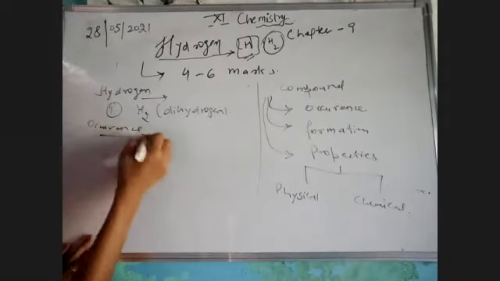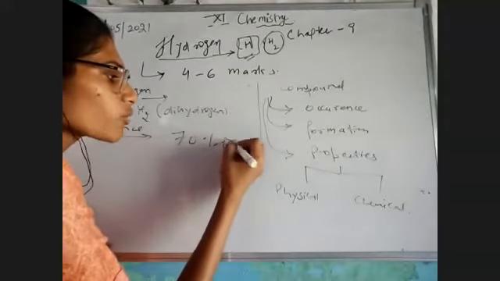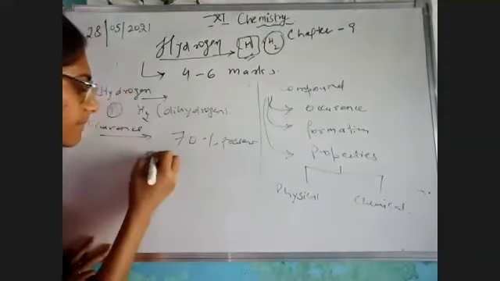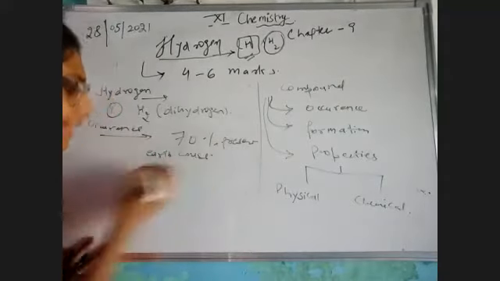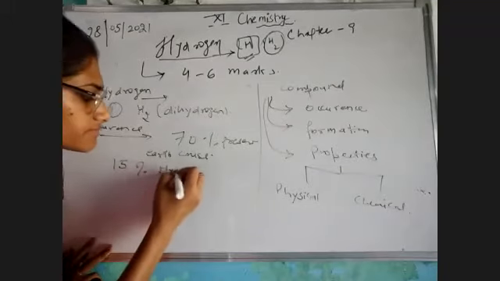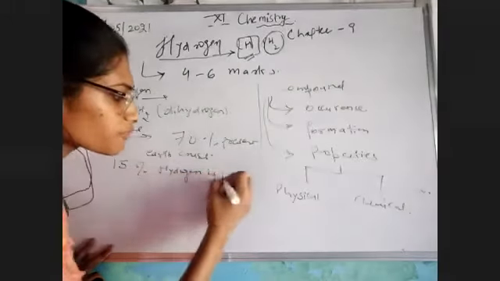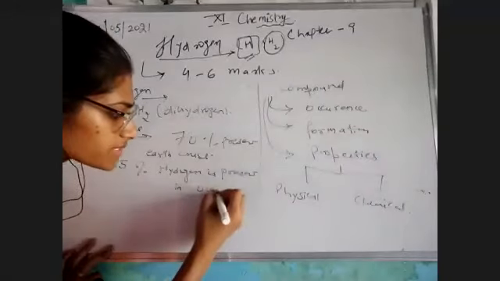Dihydrogen is almost 70% present on our Earth's crust, and almost 15% hydrogen is present in the oceans and seas.